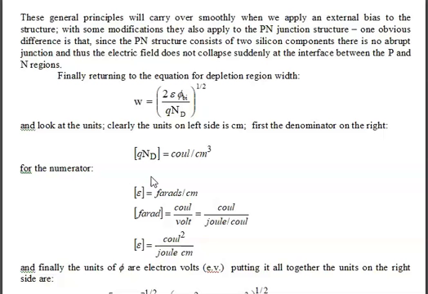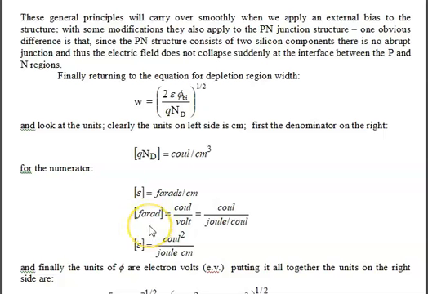For a parallel plate capacitor, the basic equation is the capacitance in farads is equal to the permittivity multiplied by the cross-sectional area divided by the distance between the electrodes. So obviously the cross-sectional area is centimeters squared, and the distance between the electrodes is in centimeters. So epsilon, the permittivity, is given by farads per centimeter.